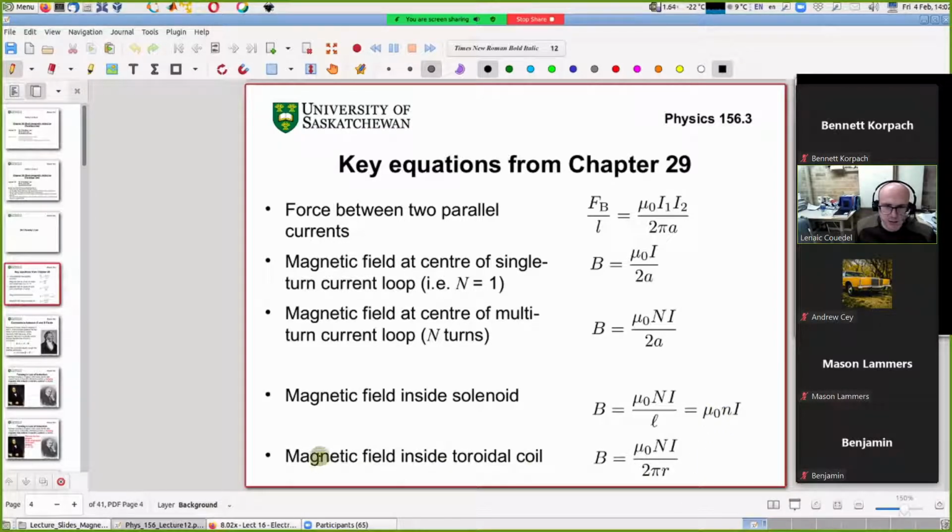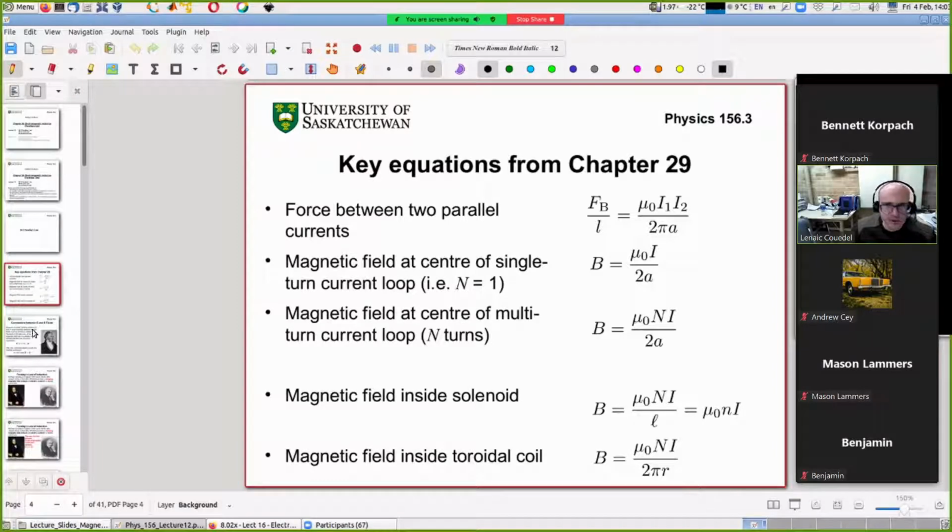And finally, we've seen the magnetic field inside a toroidal coil, which was μ0 N I divided by 2πR, where capital N is the total number of turns in the toroidal coil, and R is the radius at which you want to calculate the magnetic field inside the toroid.